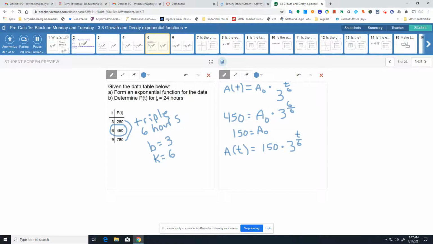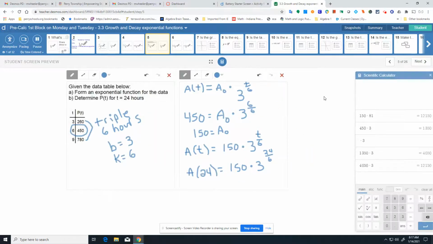For part B, we want to determine the amount after 24 hours. Well, you're just going to take out T and put in 24. So the amount after 24 is going to be 150 times 3 to the 24 over 6. 24 over 6 is 4. 3 to the 4 is 81.